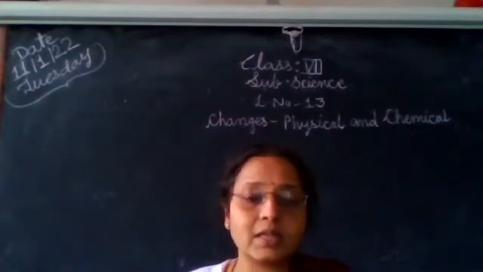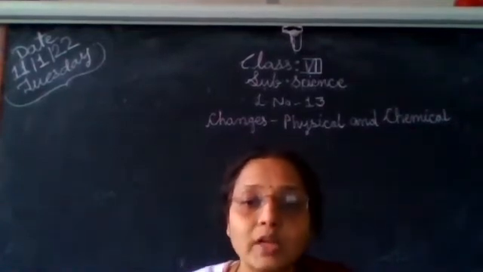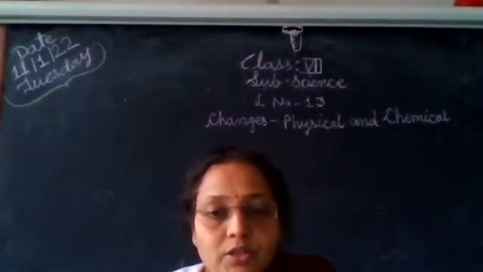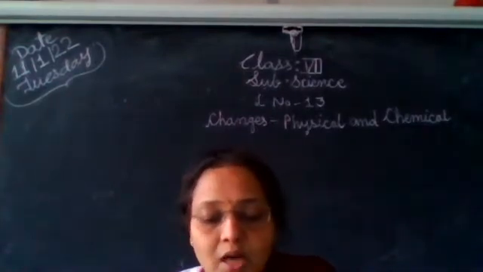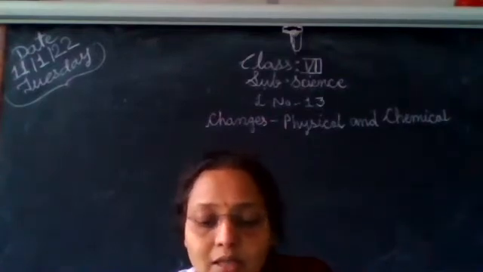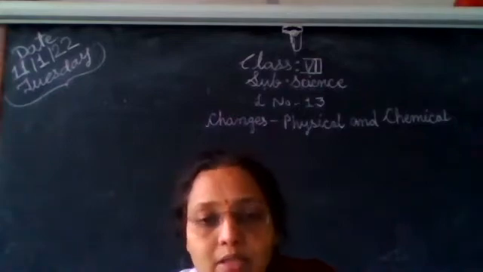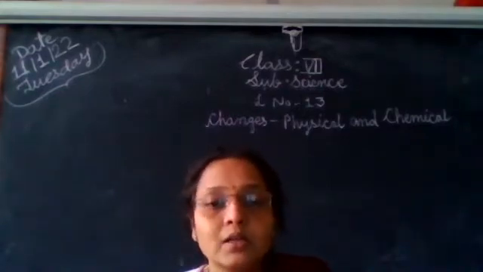Then let's consider chemical change. What is meant by chemical change? The change due to which one substance is transformed into another substance having new and different properties is called a chemical change.